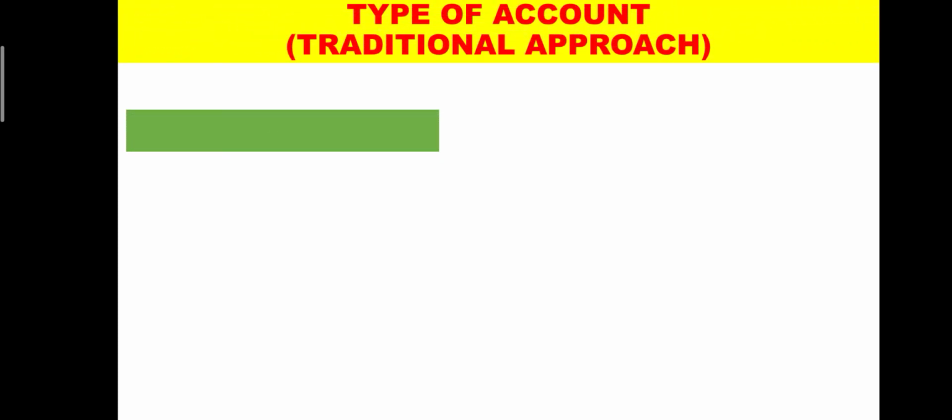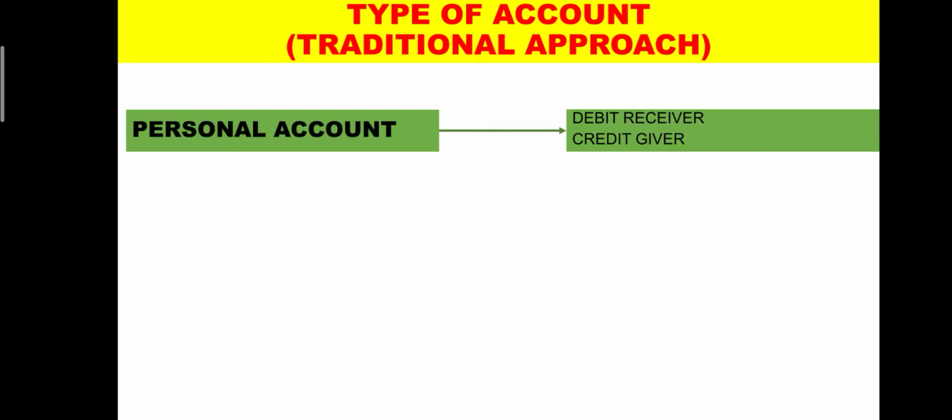If we understand the personal account, on the debit side the receiver will be entered and on the credit side the giver will be entered. So debit means receiver and credit means giver.